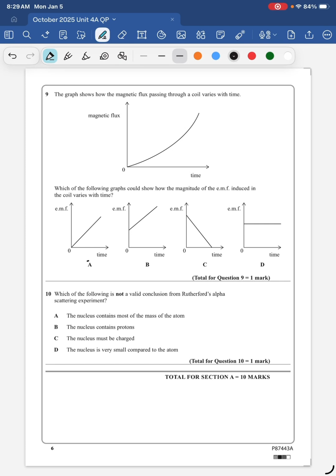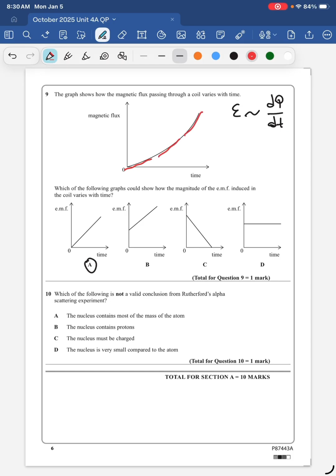So I immediately answered A, and the reason is that remember that Faraday's law tells you that the EMF is proportional to the change in flux with respect to time, right? So it's pretty much the tangent of this curve, right?